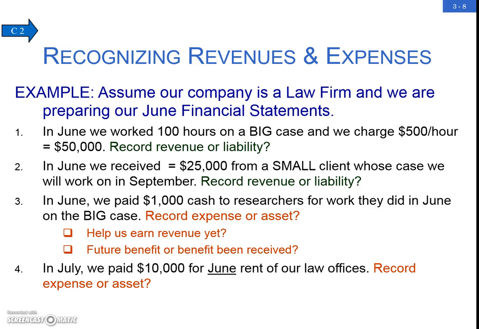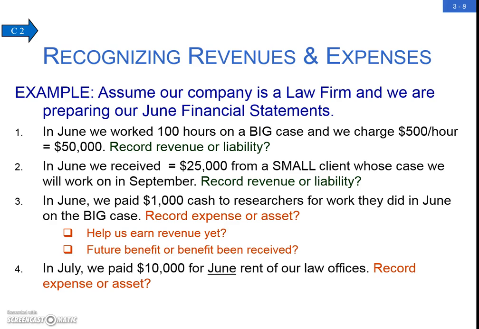Okay, so let's go on to example number 4. In July, assume that our firm paid $10,000 for the June rent of our law offices. Do we record an expense or an asset? Remember, of course, we're going to be showing the decrease in cash, which would be a credit to cash for $10,000.